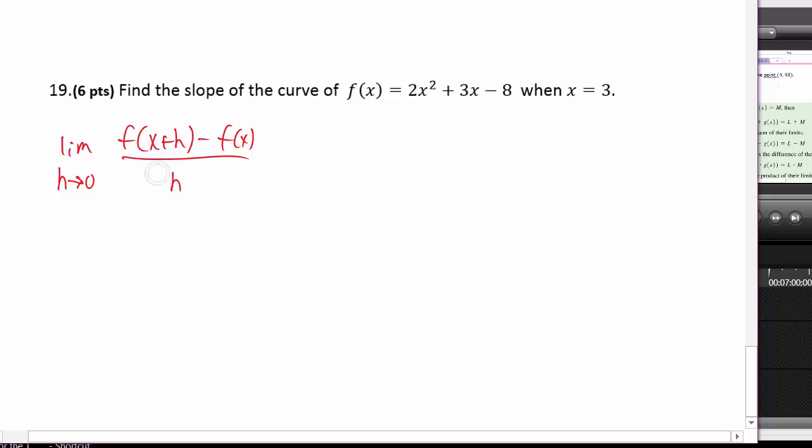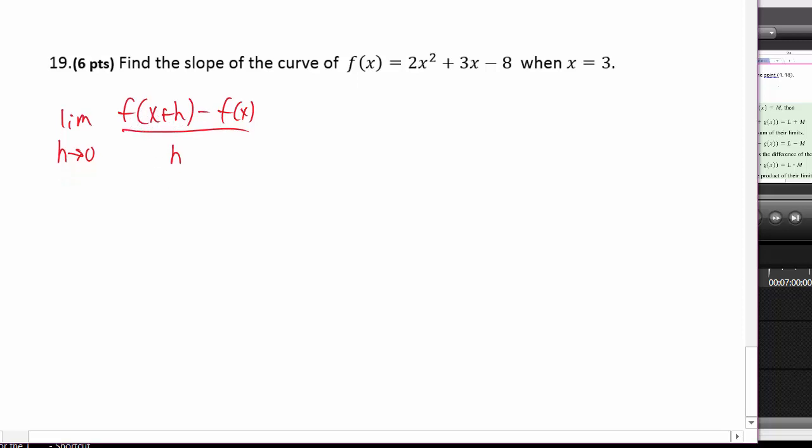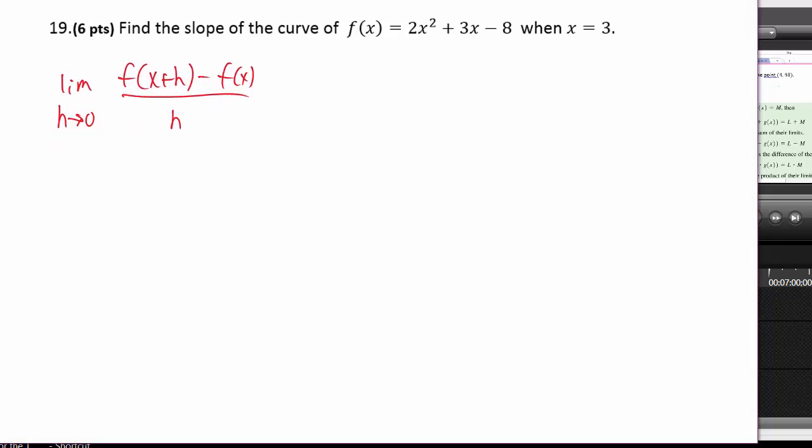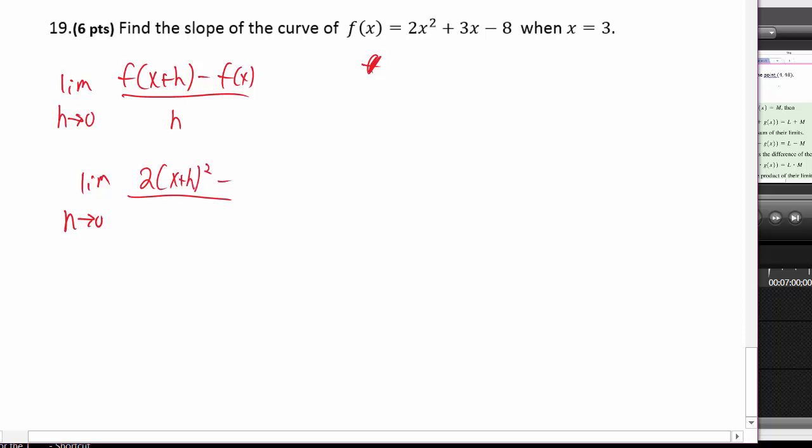That's the definition of the slope of a curve that we learned in class. So I'm going to separate this into 3 parts. I'm going to do the limit as h approaches 0 of the first part, which is 2 times x plus h squared minus 2 times x.